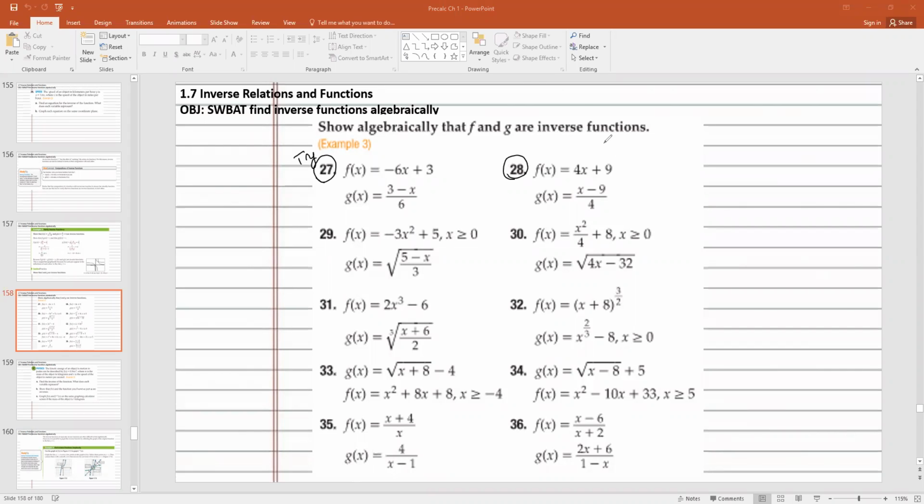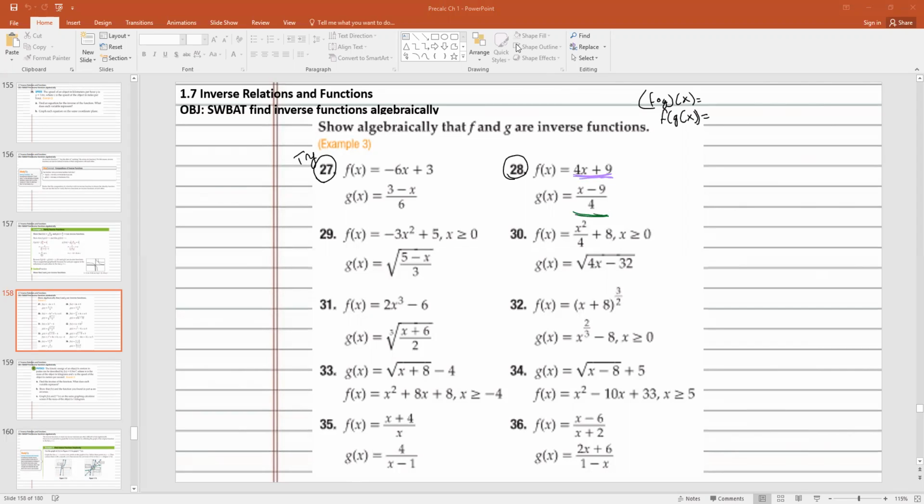Okay, so for the first one we want to do f of g of x first. All right, so either way, any way we want to write it. So again, remember, we have our f of x, and then we have our g of x.